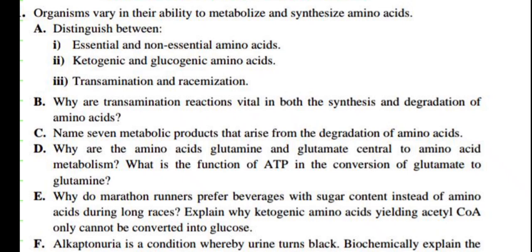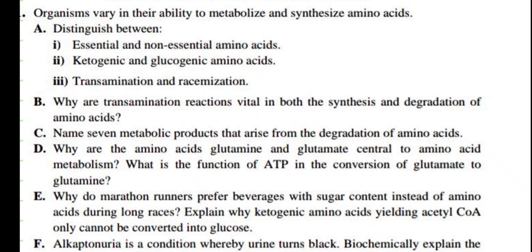So coming back to the question, what is the importance of this transamination process? Remember I said the first option that you can give is that it is used in balancing the levels of amino acids in the body, because you wouldn't want to have excess types of amino acids in your body. You'd want everything to be in equilibrium. So how do you do it? For example, if you've got too much glutamate in your body, your body will be like, I think this glutamate is too much. It can cause complications, especially in the brain.